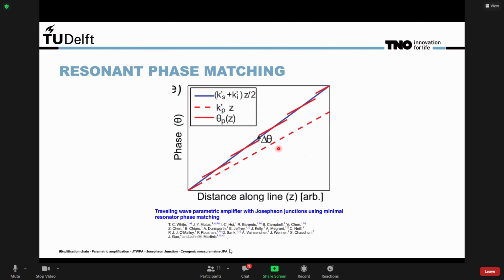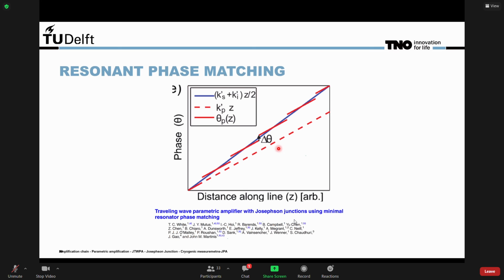What is actually happening is that after a bit, the phase is kicked back together with the pump.